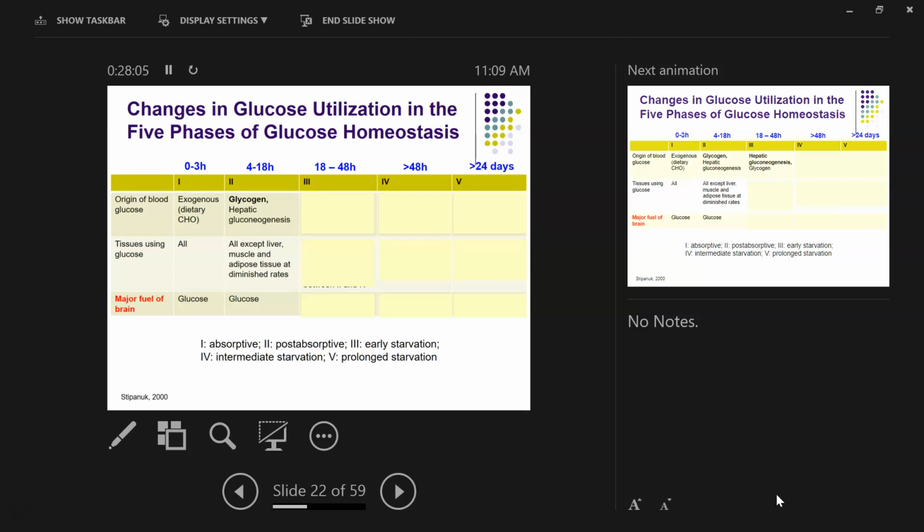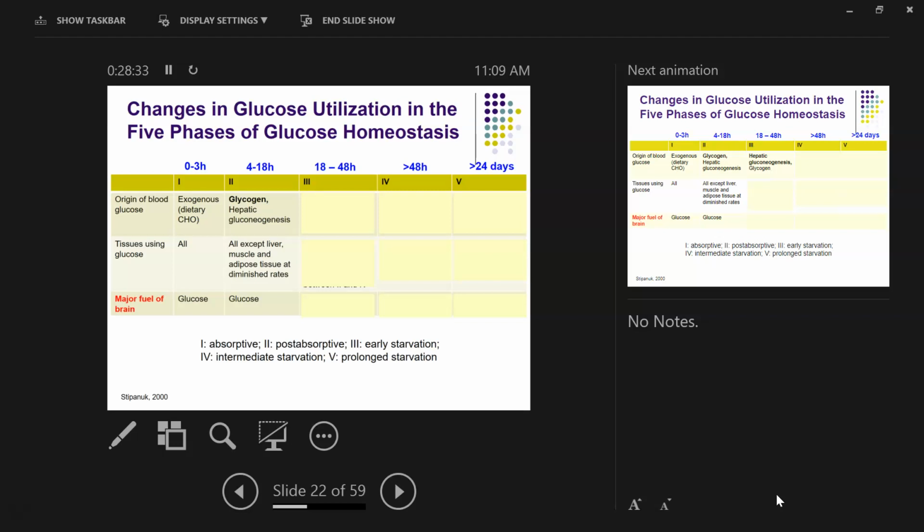So past 18 hours, which carbohydrate metabolism pathway is very important to contribute glucose? Yeah, gluconeogenesis. We talked about after 18 hours, right?